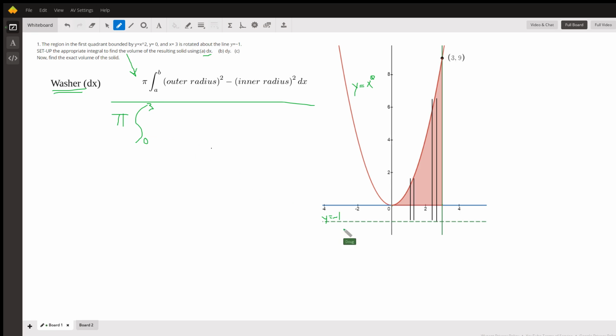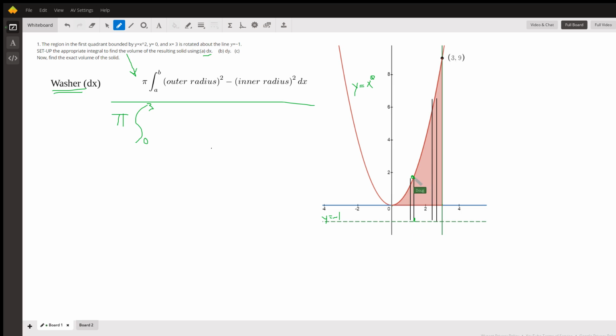Now the outer radius is the distance from the axis of revolution to the outermost part of the washer. Well, this is a vertical distance, so think of it as the y-coordinate at the top minus the y-coordinate at the bottom. That will give you the height, or the outer radius, for a typical washer.